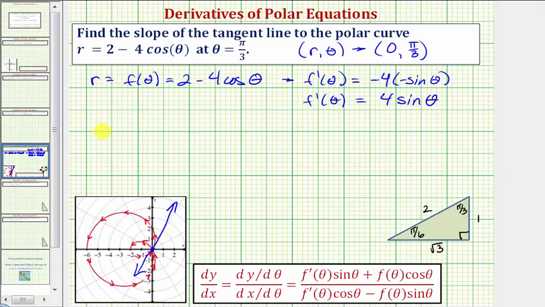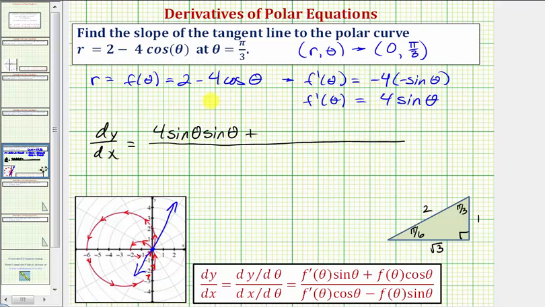And therefore dy/dx is going to be equal to this fraction here, where the numerator is f prime of theta times sine theta plus f of theta times cosine theta. So we would have 4 sine theta times sine theta, plus f of theta, which is the quantity 2 minus 4 cosine theta, times cosine theta.